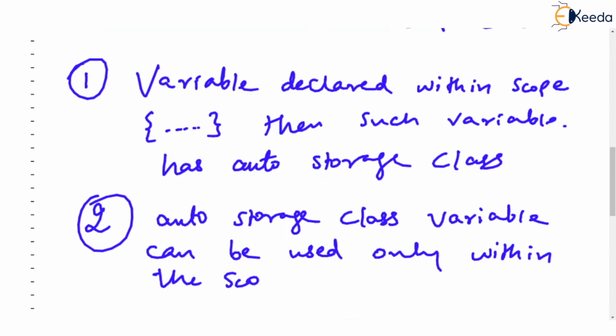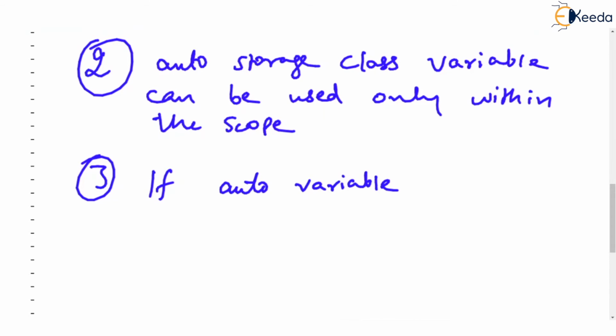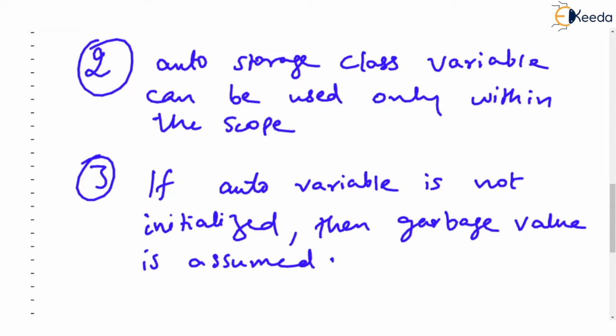So outside the scope, they are not visible. And the third property we saw was, if an auto variable is not initialized, suppose we don't give it any value, then a garbage value is assumed. Some garbage value is assumed for that variable. That is the meaning of auto storage class.